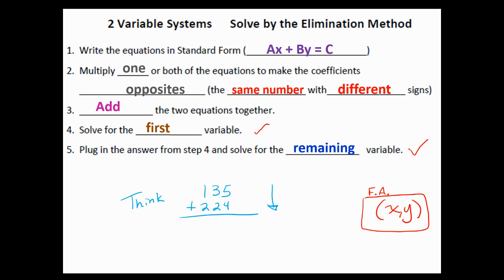So 5 and 4 is 9, 3 and 2 is 5, 1 and 2 is 3. So I want you to think up and down old-fashioned math, okay? Up and down, adding and subtracting, all right? And that's the way we're thinking. So when we do the problems, you're just going to think old-fashioned, add and subtract, all right?